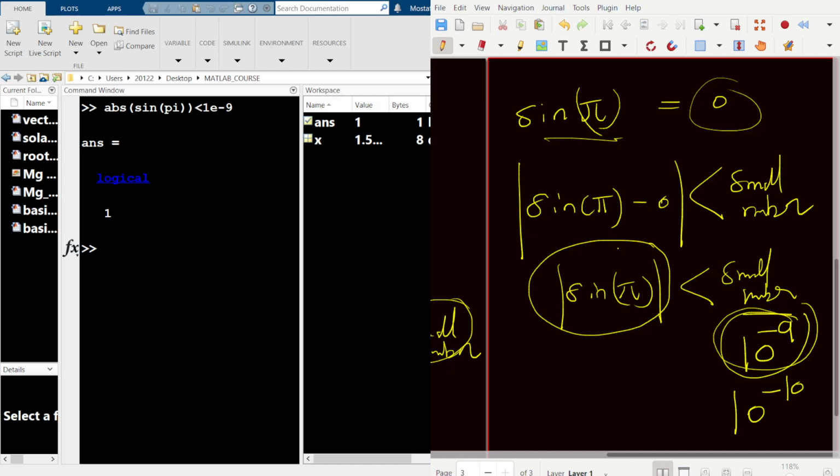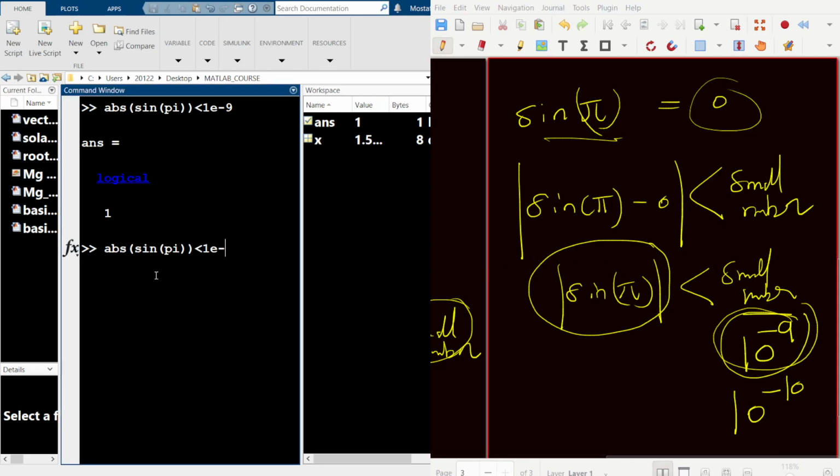It's a tighter criterion, which means that from a practical point of view, let's say from a science and engineering practical point of view, if the difference is less than 10 raised to the power negative 10, then I would consider these two numbers equal. In fact, let's test this. And yes, it's the case.